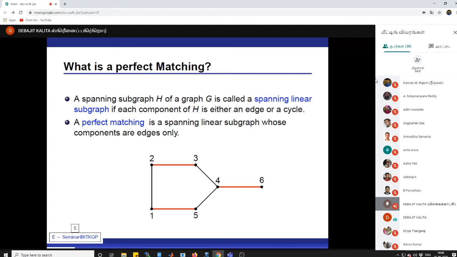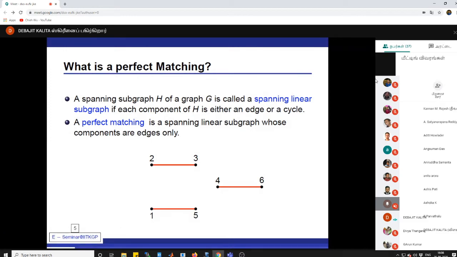So for example, we take this graph, and this is a spanning linear subgraph where all of its components are edges. So one can say this is a perfect matching. And the edges, that means the components in this spanning linear subgraph, are nothing but matching edges.